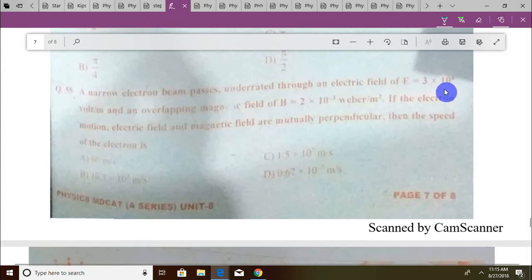We have actually this formula in which we equate the forces, but that is usually just taken when they are the same, so I'm not sure if this will apply. I think it's V is equal to E over B, but that's when we assume that they are cancelling each other out and there isn't any deviation observed.